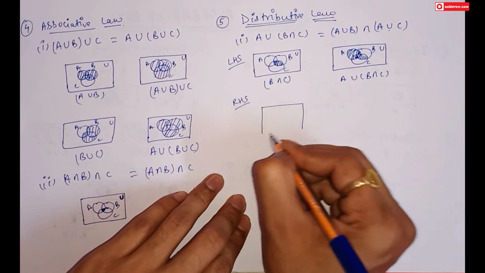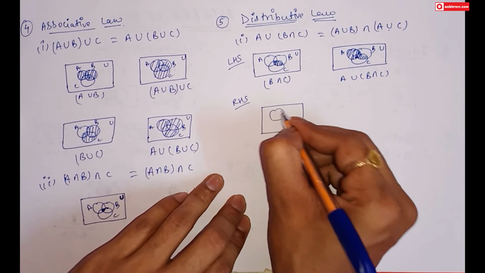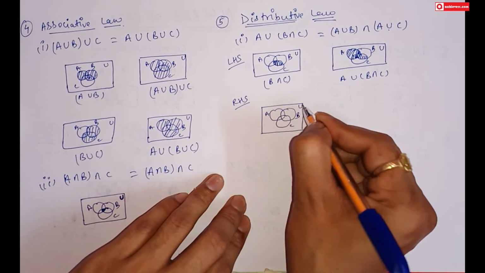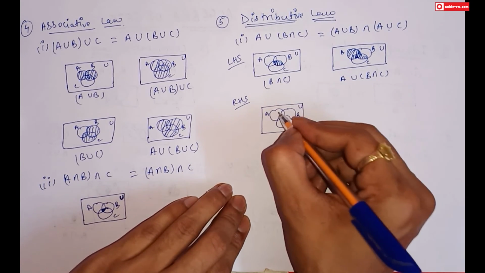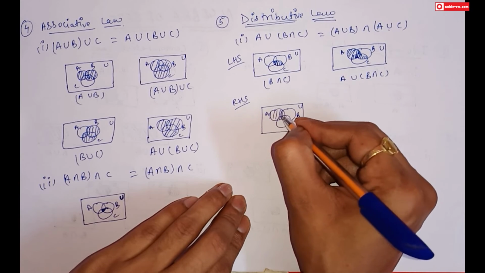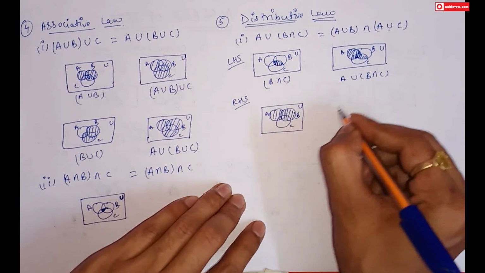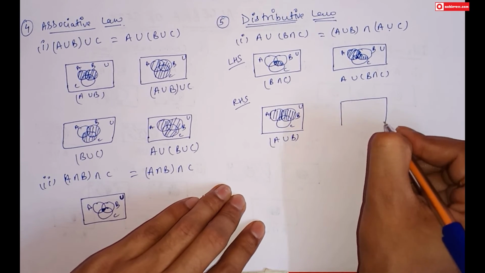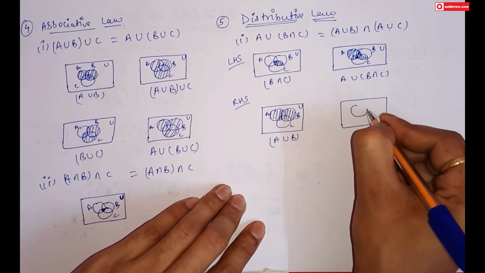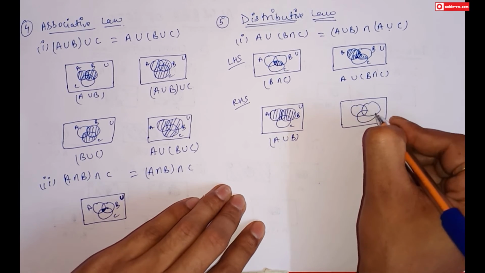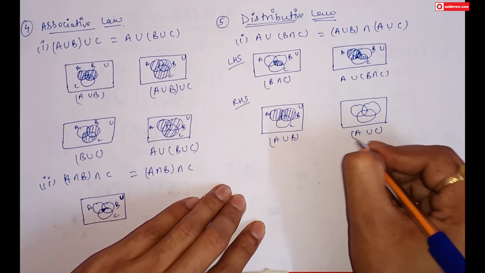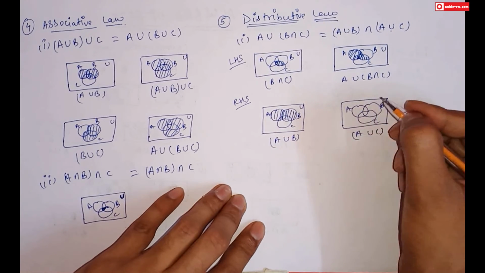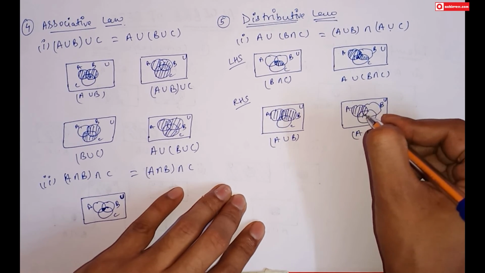We will first draw A union B. What is A union B? It will include this whole part. This is A union B. What is A union C? It will include this part.